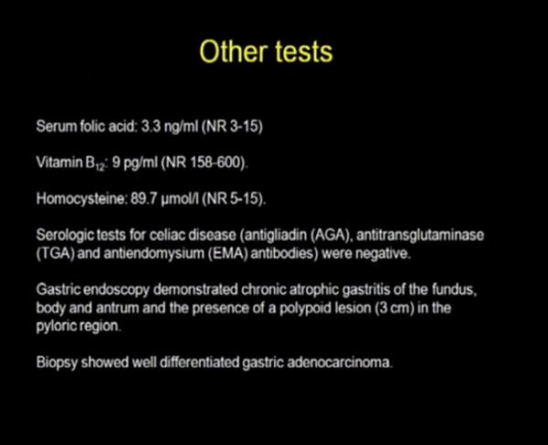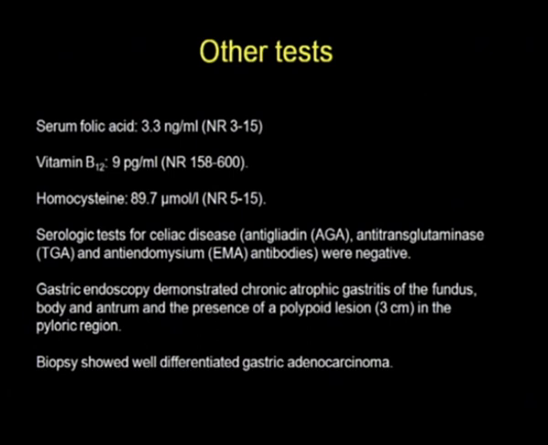Other tests. Serum folic acid: you remember that at the medical admission they did provide folic acid, and so this was the result of serum folic acid. Vitamin B12 was absolutely low, homocysteine was increased, and all the tests for celiac disease were negative, and the gastric endoscopy demonstrated chronic atrophic gastritis of the fundus and the presence of a polypoid lesion.